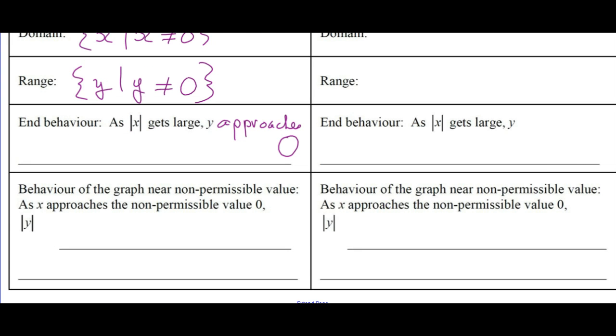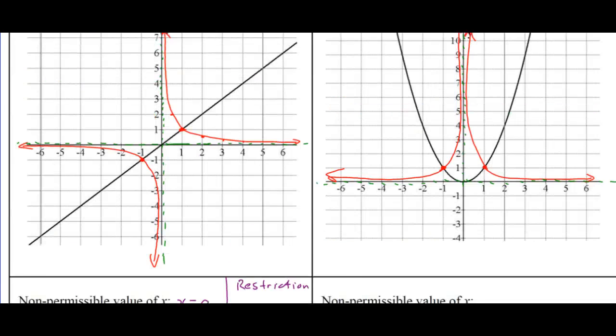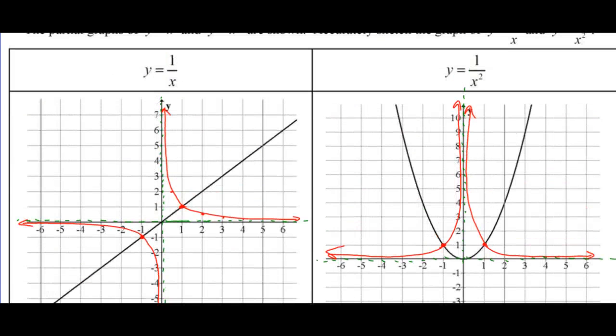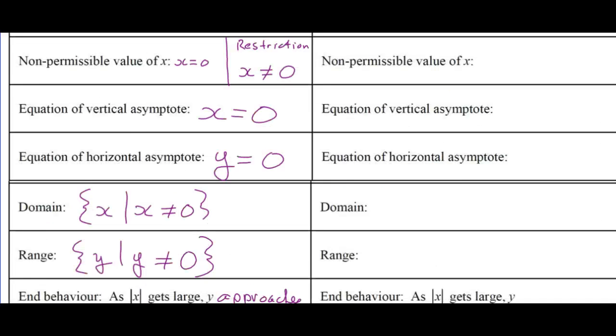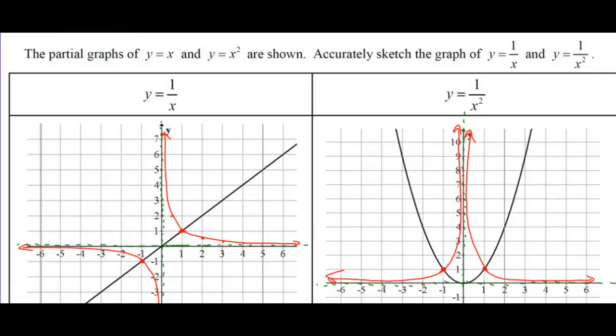Behavior of the graph near the non-permissible value. Let's just go look at the graph. As the x values approach the non-permissible value, what happens to the y value? It gets really large, going to infinity or negative infinity.